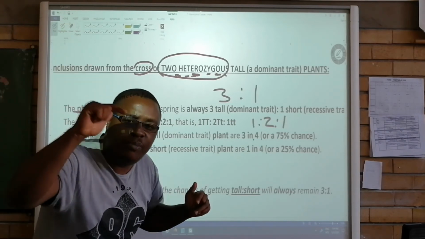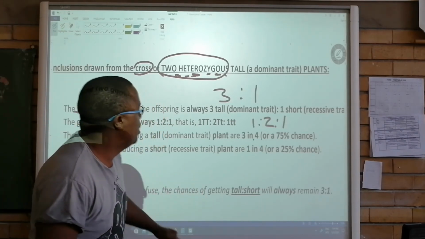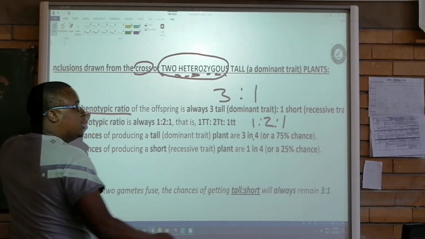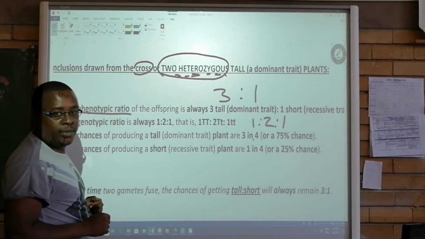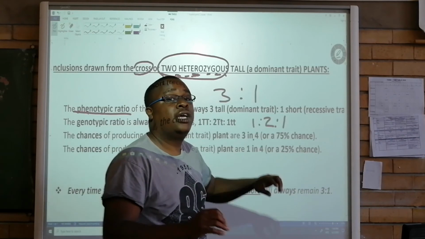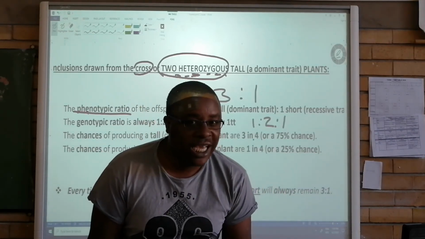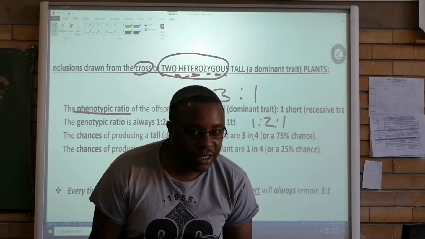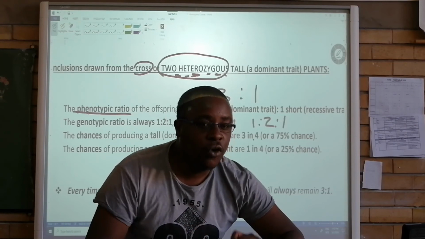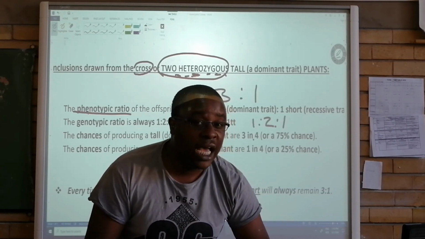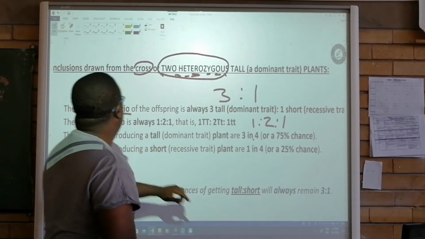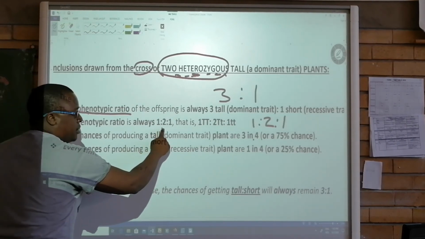Always, every time you cross two heterozygous genotypes, as long as they are exhibiting complete dominance, you are going to have the phenotypic ratio of 3:1. 3 of the dominant allele characteristic to 1 of the recessive allele characteristic. And the genotypic ratio is always going to be this.